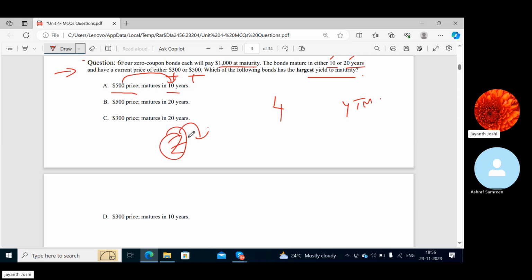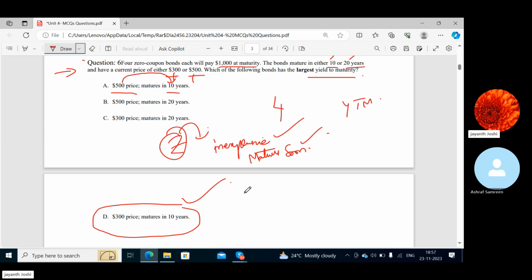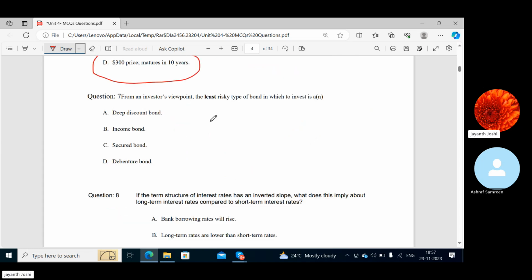You should consider bonds which are inexpensive and mature soon. If you hold it for a longer period, it can also default. So inexpensive and soon-maturing bonds are to be considered, and that is option C. Shall we move forward? Yes, sir. Next question. You have to give the answer.